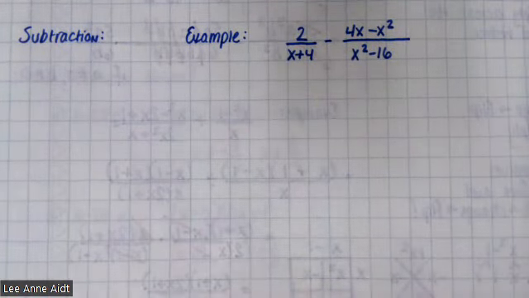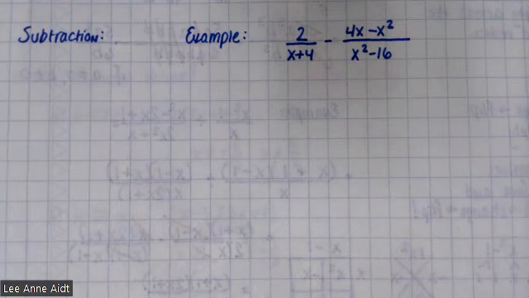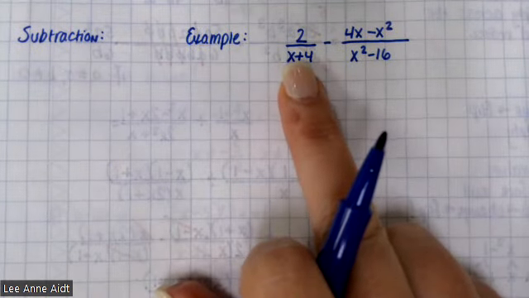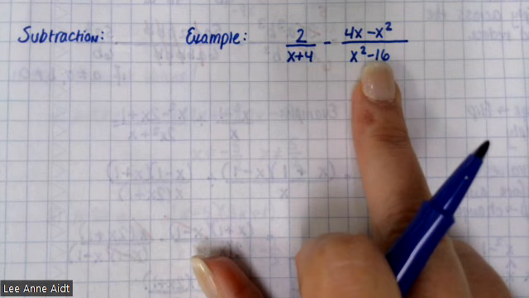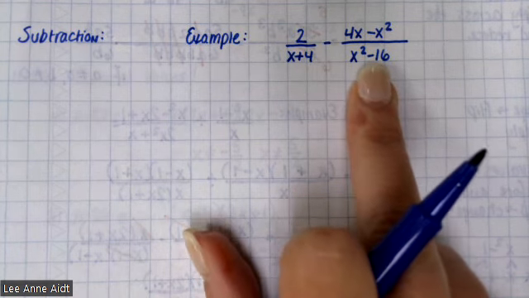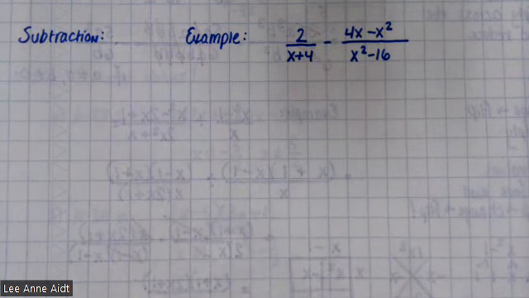Do I have a common denominator? No. Okay. This side has an x plus 4. This side has an x squared minus 15. But the question is, for my advanced people in the room, does this side have an x plus 4 in it? It does.